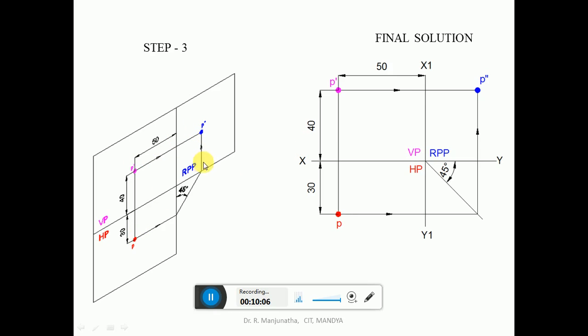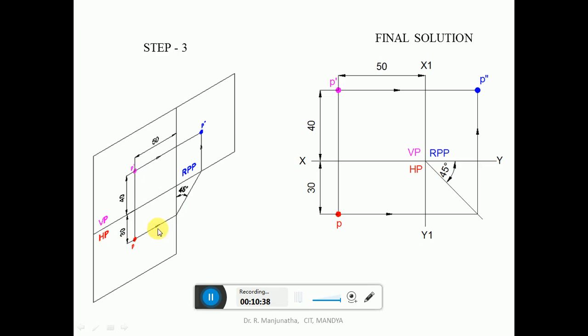So this is step 3, wherein the vertical plane will be fixed, the horizontal plane is rotated by 90 degrees, so HP will come down. The right profile plane is rotated to the right side, so it will go to the right. So the distance in front of RPP is seen in VP, and the distance in front of RPP is seen also in HP.